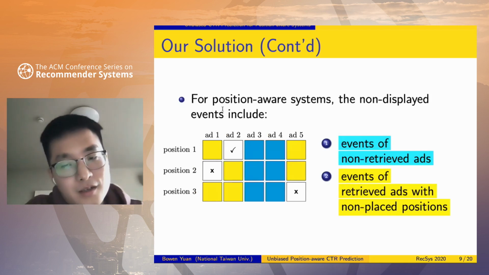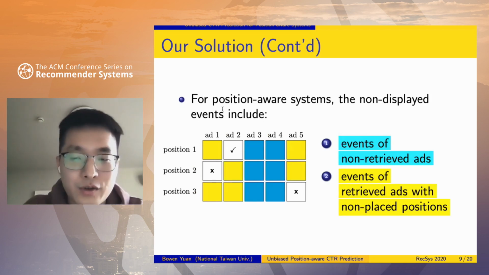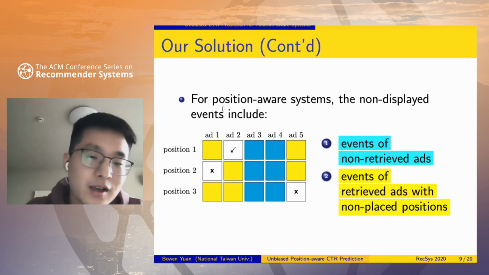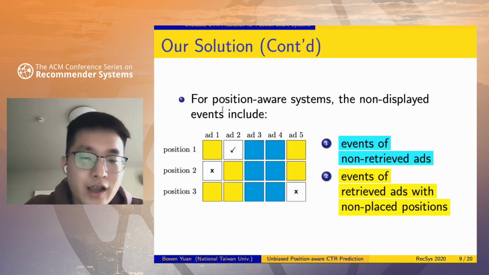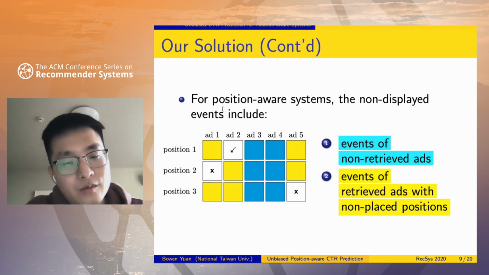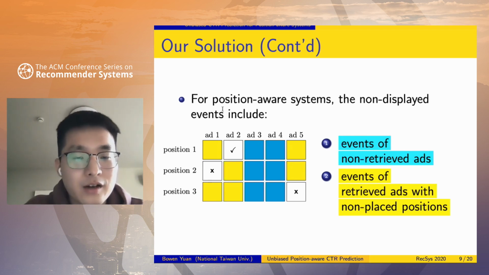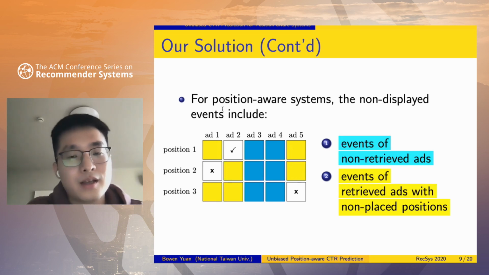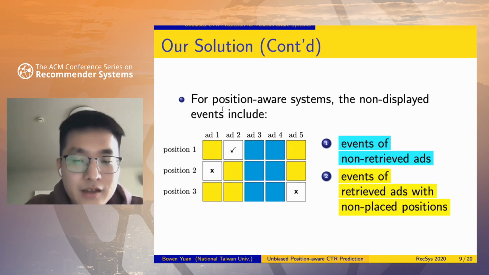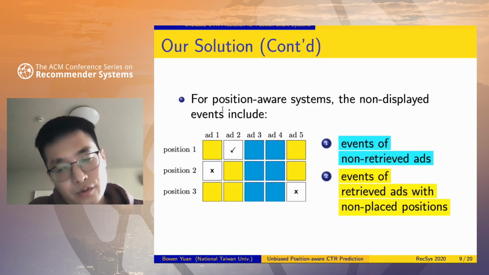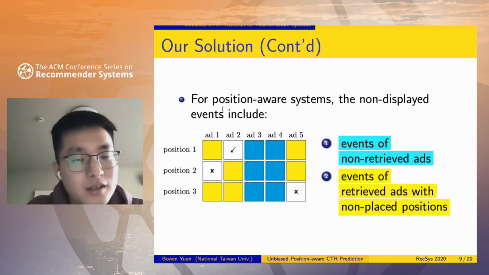For a position-aware system, the non-displayed events include the events of non-retrieved ads. Recall the examples. Ad 3 and ad 4 were not retrieved. So their events, colored by blue, belong to the first type, non-displayed events. And the second type are events of retrieved ads with non-placed positions.